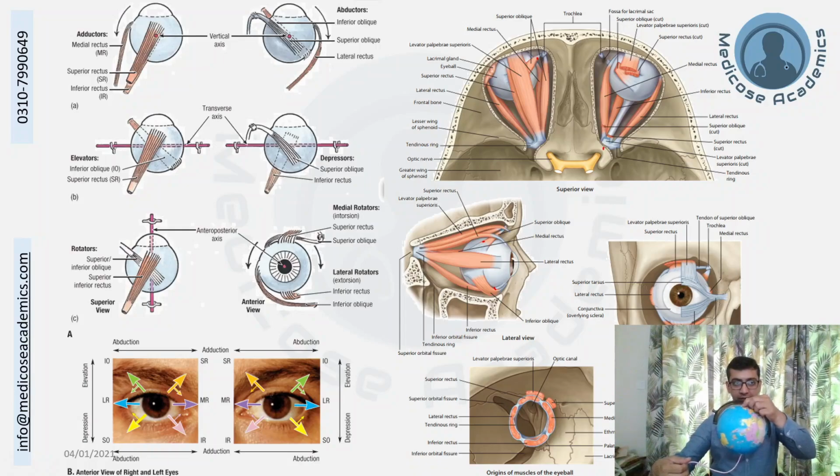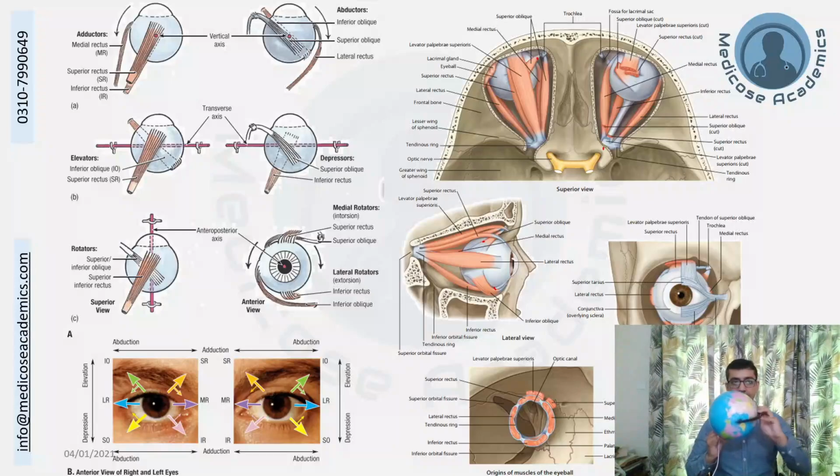When it contracts, it will move the eye superiorly. It helps in elevation along the vertical axis here. If you see like this, it will move the eye laterally, and then we are left with the anteroposterior axis.